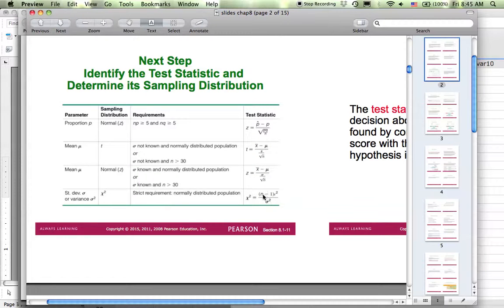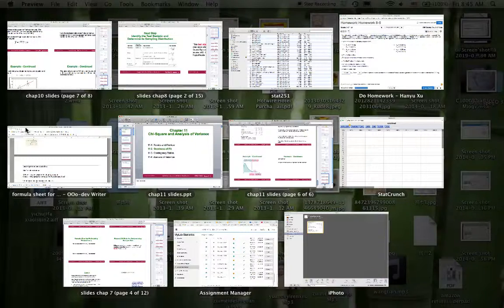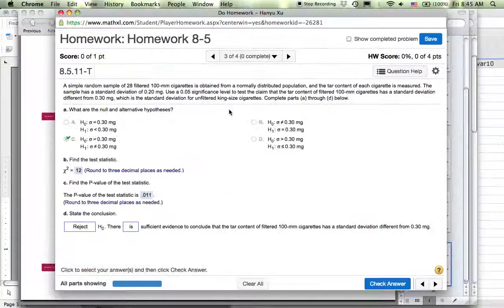Here n is 28, s is the sample standard deviation, which is 0.2, and sigma is 0.3. If you plug in those values, you find chi-square to be 12.